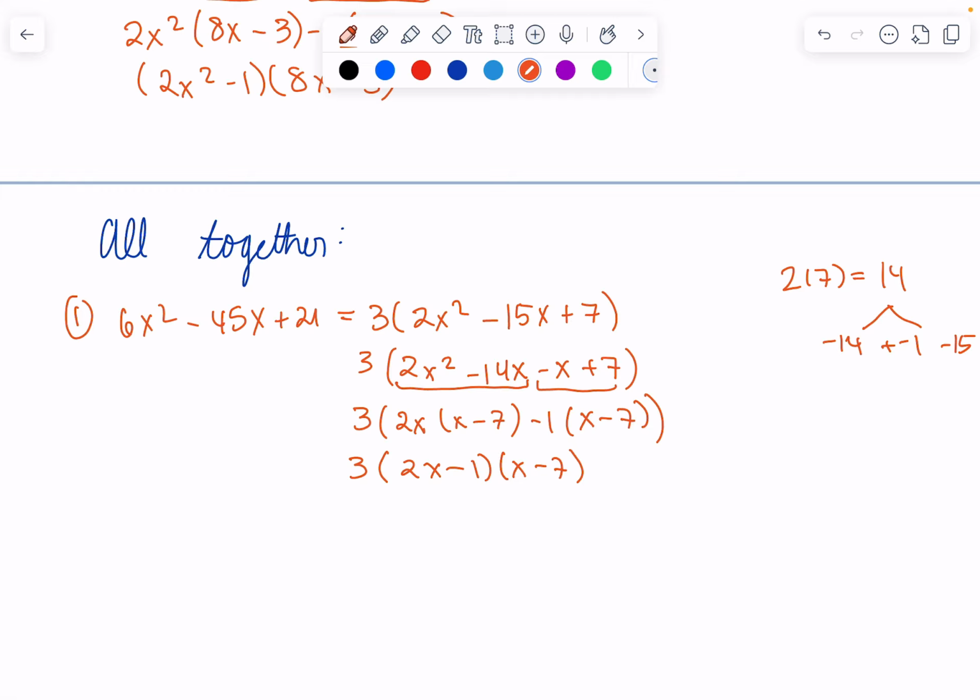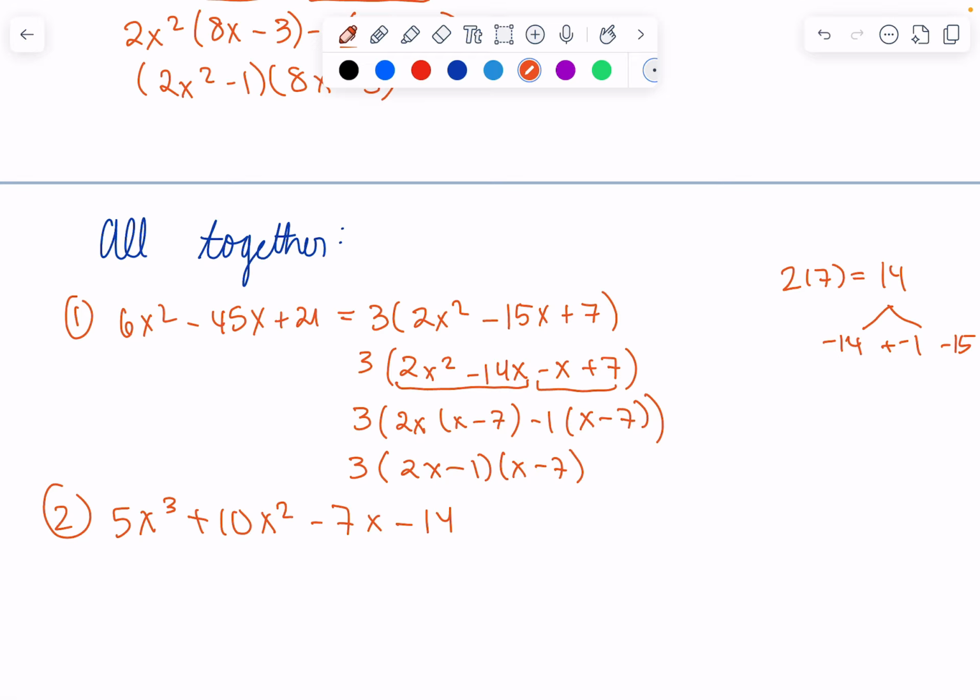Okay, another example. I have 5x cubed plus 10x squared minus 7x minus 14. This has 4 terms, so I'm probably going to do factor by grouping, but let's see if there's a GCF first. Is there a term that they all have in common?